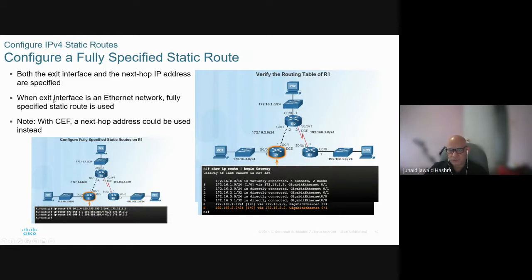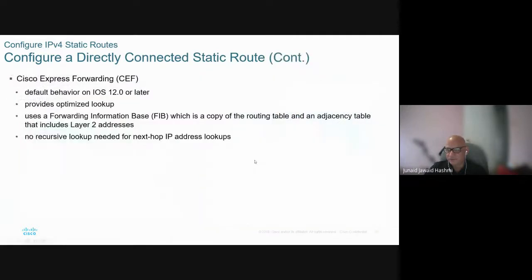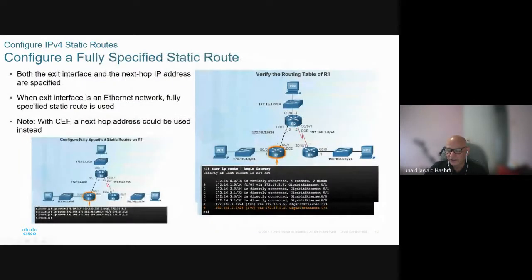So if the exit interface is Ethernet, so for example, here you see is G0. In the previous example, it was serial, the serial interface S0, okay? But if the interface is Ethernet, G0, if the routers are connected with an Ethernet interface, it's better to use a fully specified static route, meaning use both the interface ID and the next hop IP address.